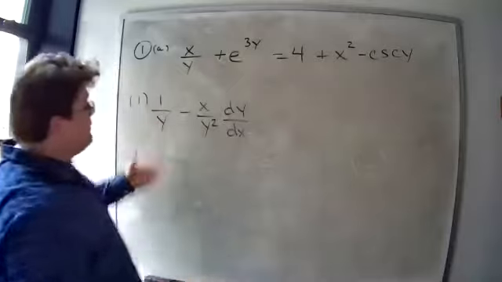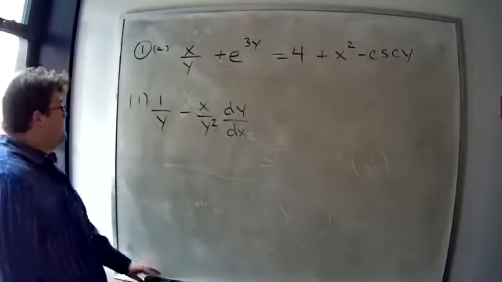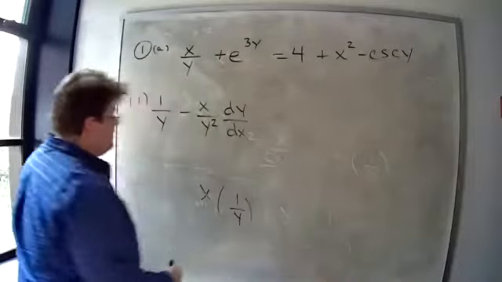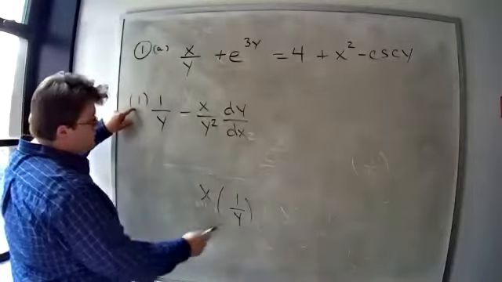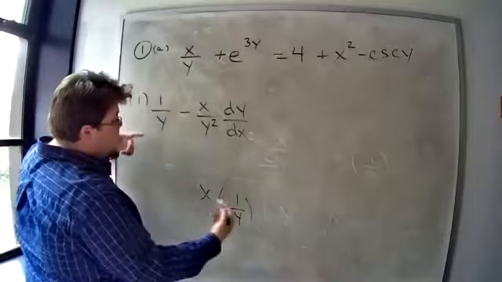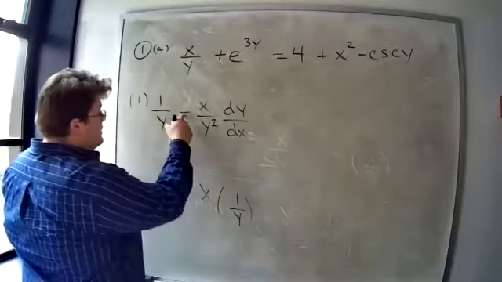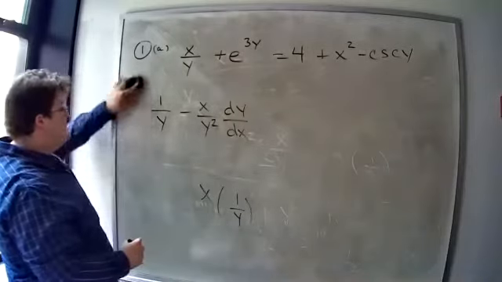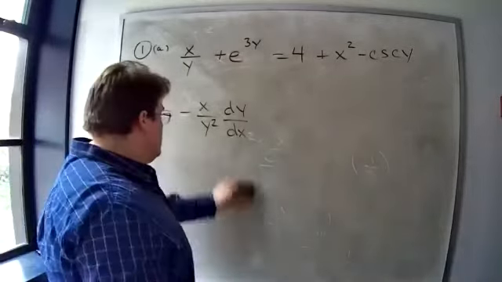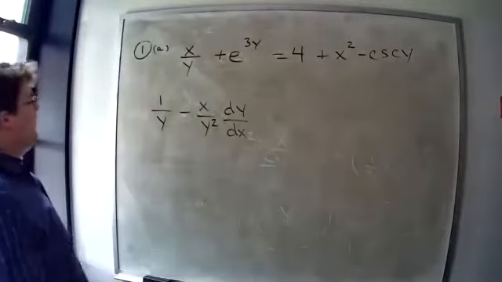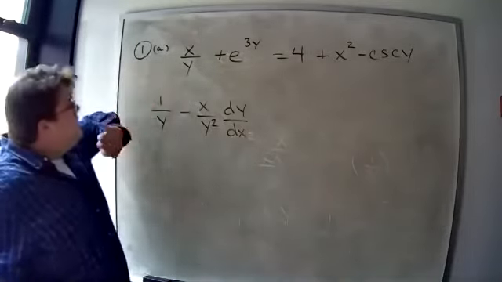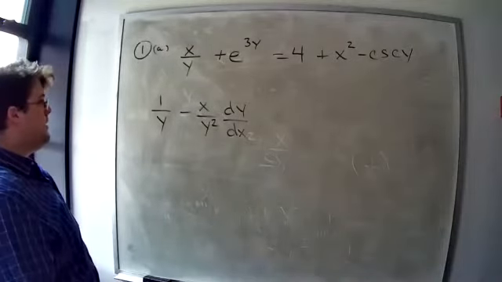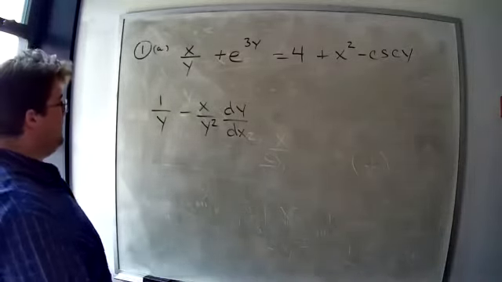So this first piece, x over y, which we treat as a product, the derivative given by the product rule, is derivative of x is 1 times the second plus the first times derivative of the second, which is negative 1 over y squared dy dx. So we took the derivative of that first piece, which required the product rule.